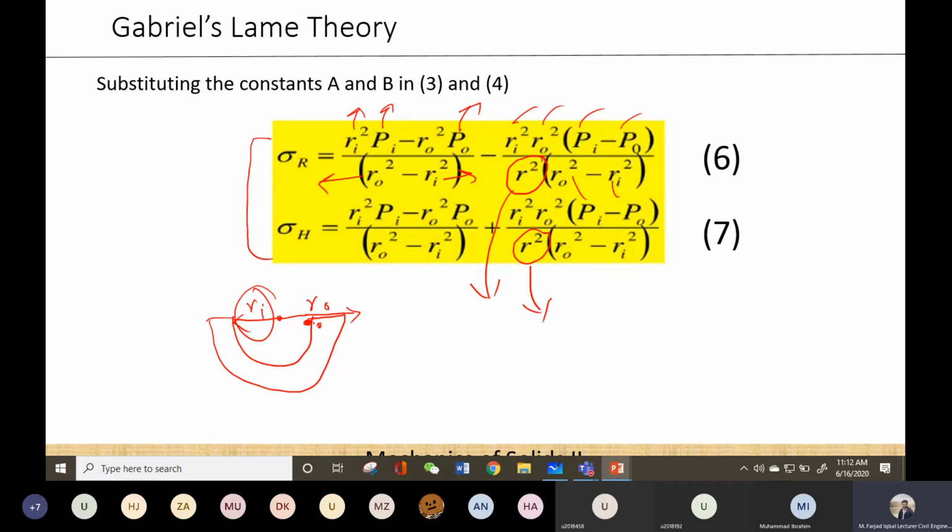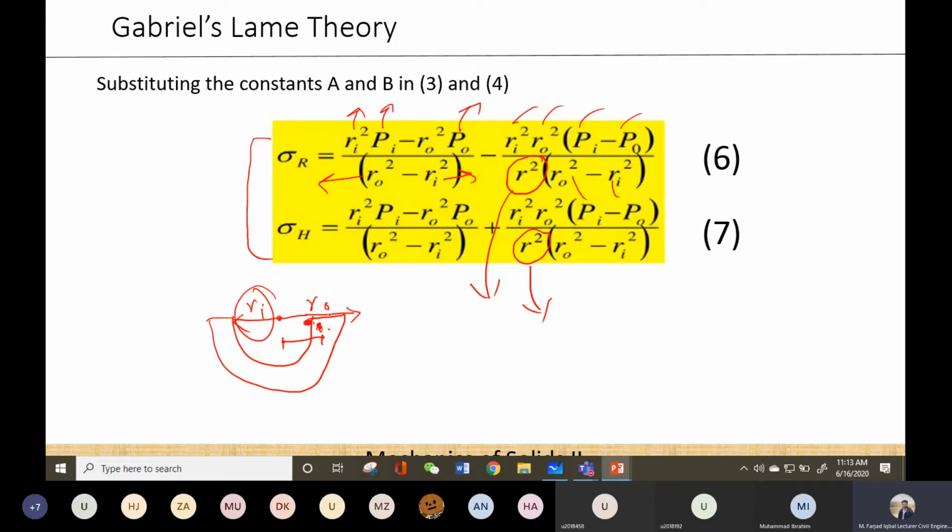And if I want to calculate the hoop stresses at this point, for example, I will substitute the R value equal to the distance from the center to this point. Similarly, if I keep on substituting the R values, I will keep on getting the hoop stresses and the radial stresses at different points along the thickness of the cylinder.